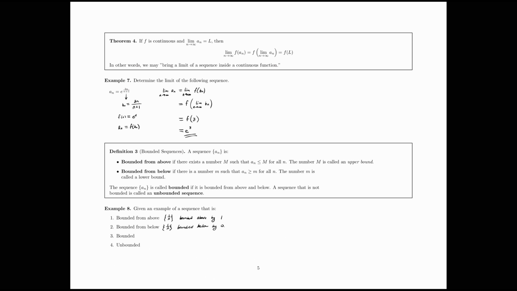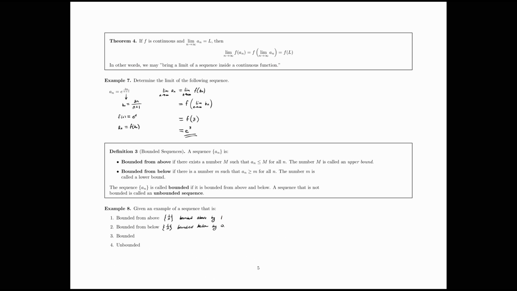These numbers get arbitrarily close to 0, but they never actually get smaller than 0, and they never dip into the negatives. In fact, they never touch 0 either. So the same sequence is bounded above by 1 and bounded below by 0. It does actually achieve this value of 1, but it never achieves this value of 0.